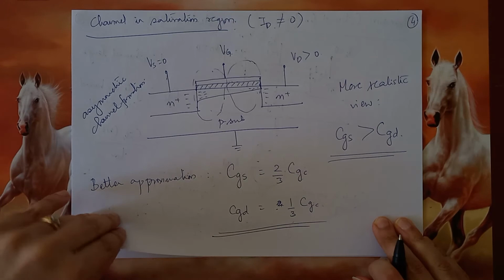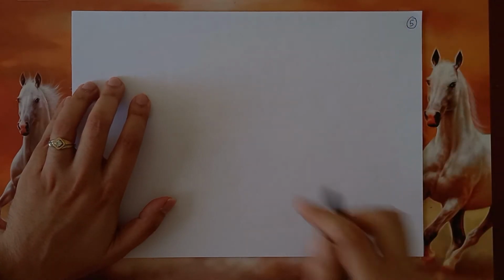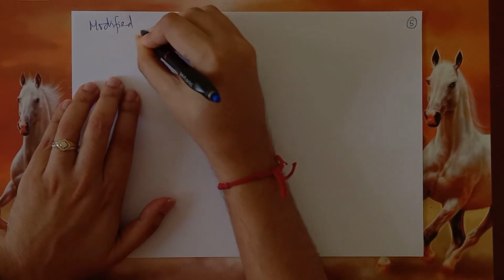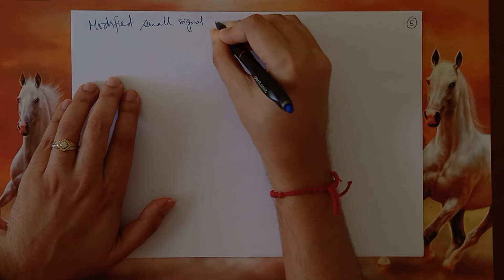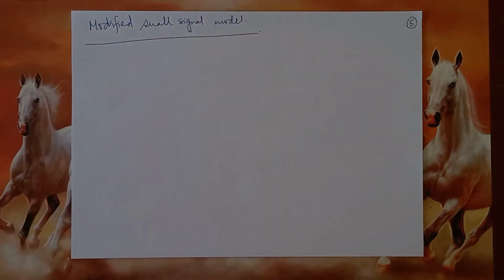So with this, let us now modify the small signal model which we already know. Now the question is, why are we including these capacitances here?